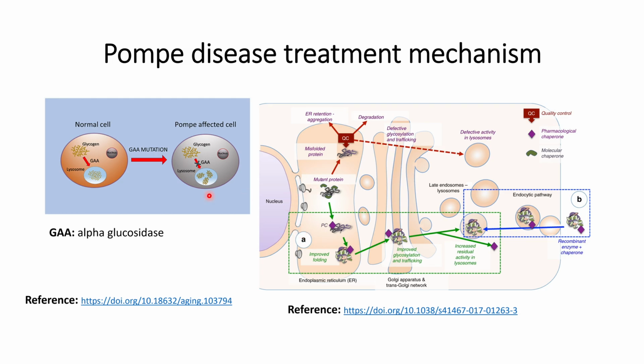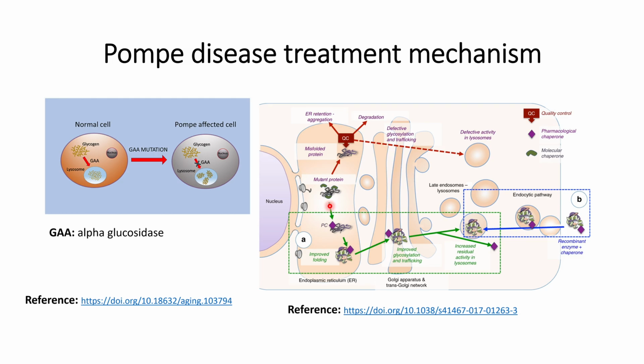First one, since the GAA gene is mutated, and we know from our several videos that there is a quality control mechanism within the endoplasmic reticulum, represented here. So whenever a mutated protein is formed within the endoplasmic reticulum, since it does not have the exact sequence of the native protein, it is not able to form a native structure.